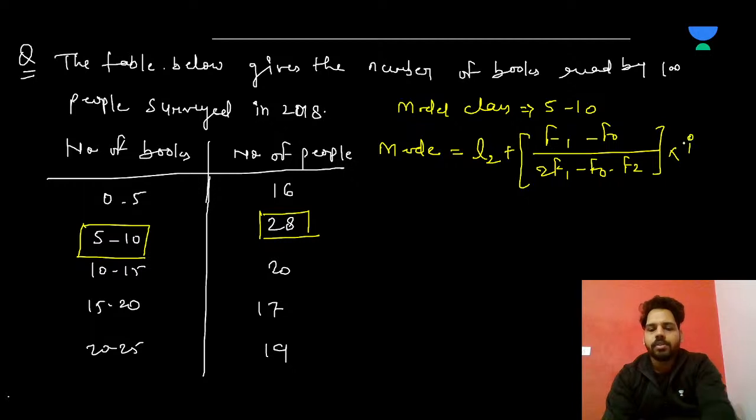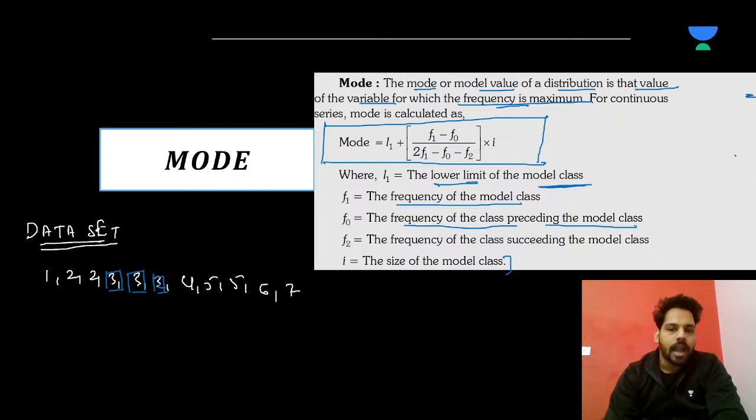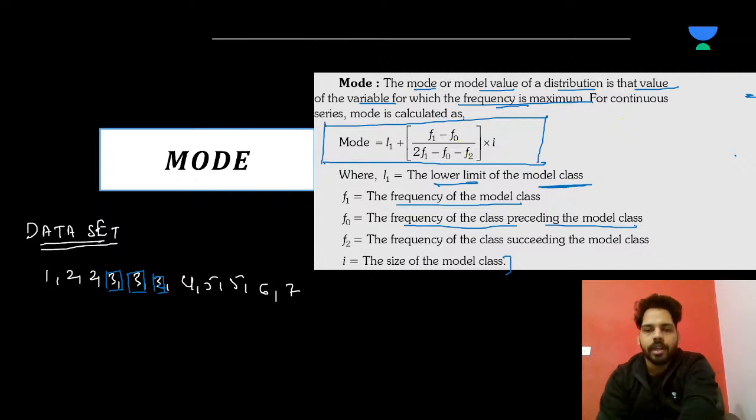I is the size of the modal class, L1 is the lower limit of the modal class, F1 is the frequency of the modal class, F0 is the frequency of the class preceding the modal class, and F2 is the frequency of the class succeeding the modal class. So we have to put these values over here.